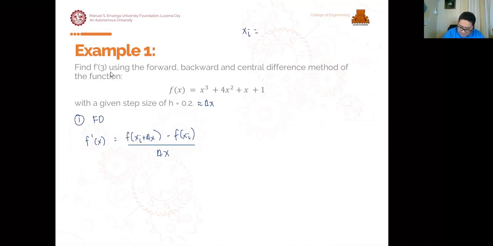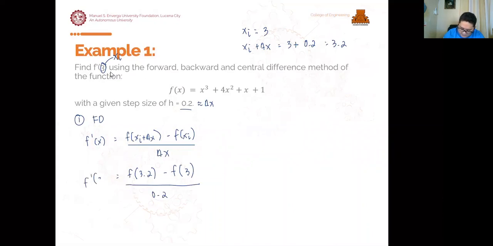And when we substitute in the formula, we have f of x sub i plus delta x, which is 3.2, minus f of 3, all over our delta x, which is 0.2. Okay? So now we need to find the value of our function at 3.2. Then we also need f of 3.